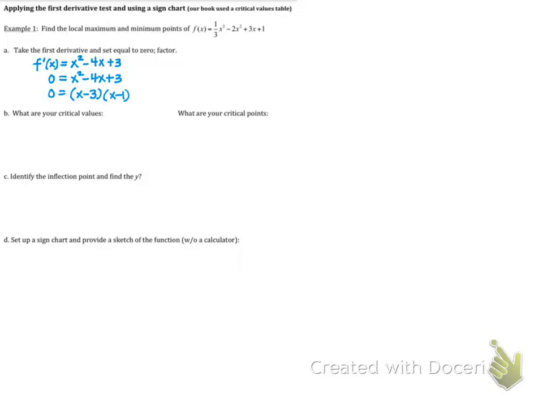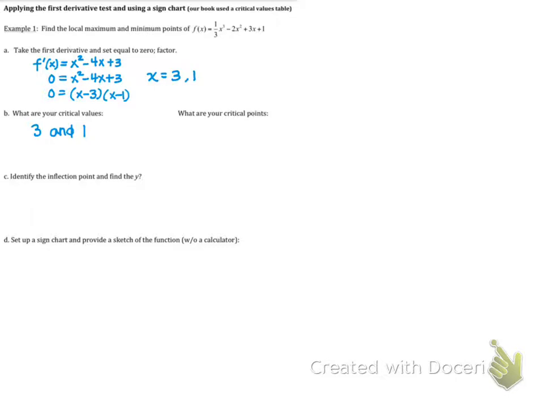So those are my factors, and I can finish by saying x equals 3 and 1. Now I just found my critical values, 3 and 1. But now I need to find the critical point, so all I'm missing is the y value.